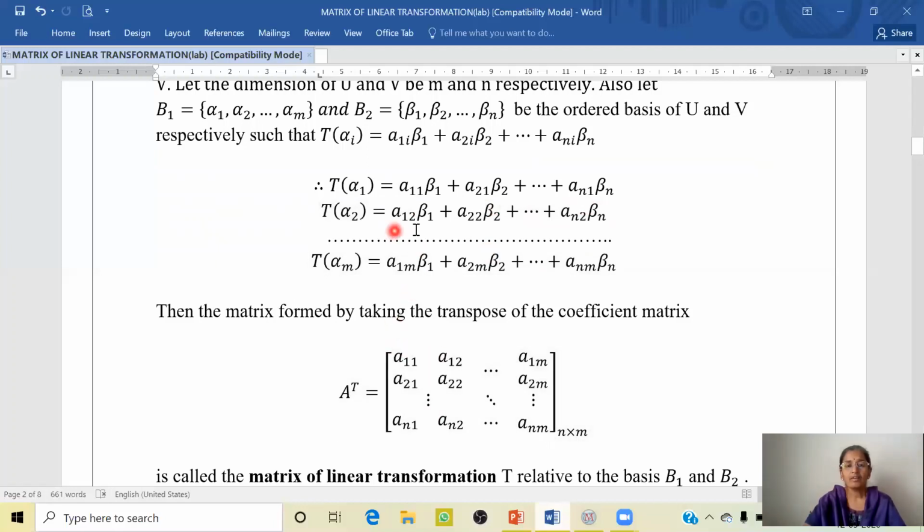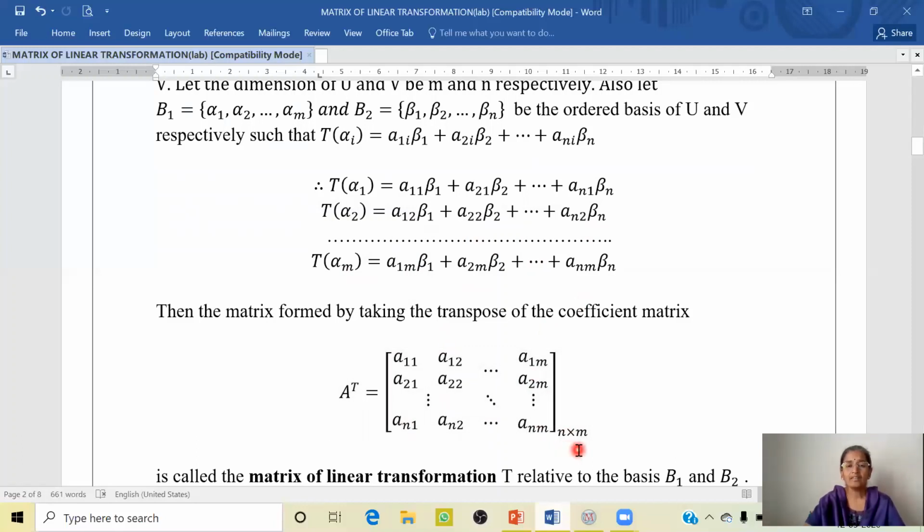We take the coordinate vector for alpha 2, that is a12, a22, ..., an2, and put that as the second column of the matrix. Similarly, the mth column consists of the coordinate vector for alpha m, that is a1m, a2m, ..., anm, and we finally get a matrix of dimension n cross m.